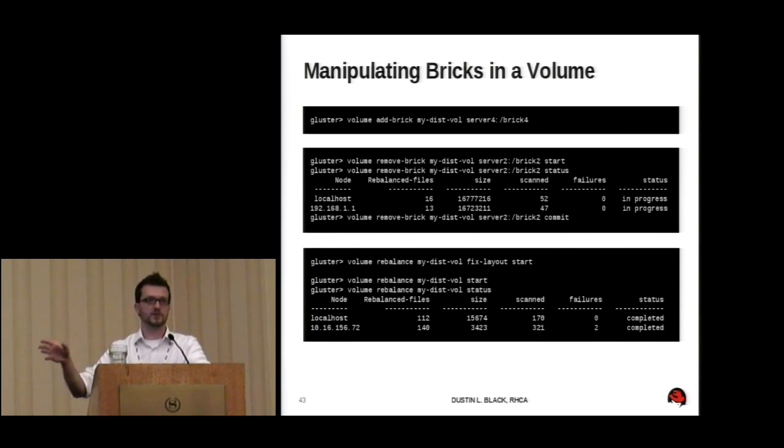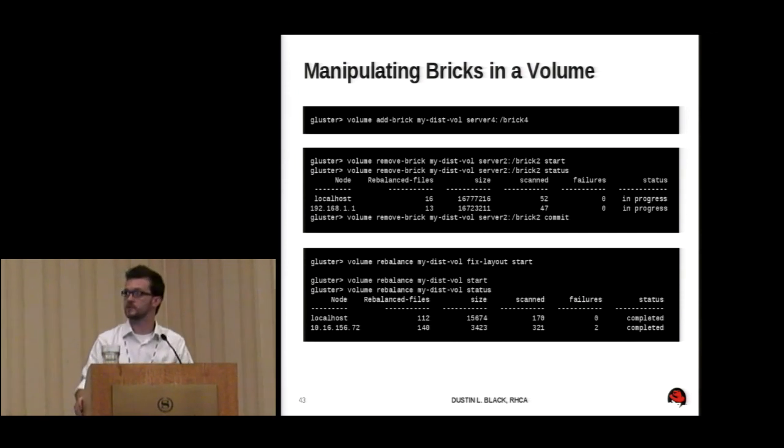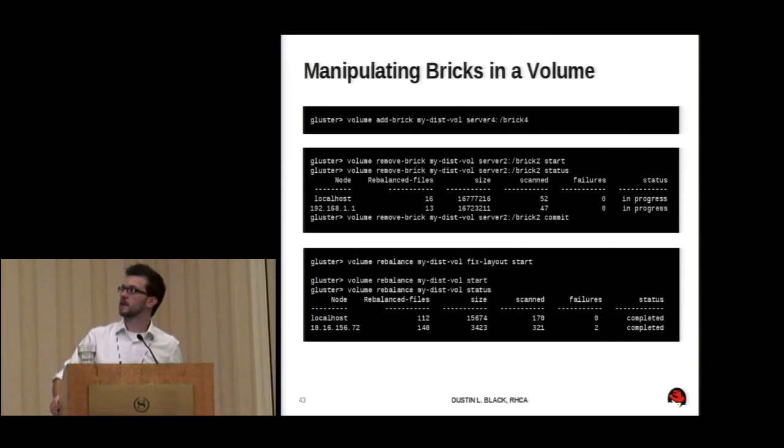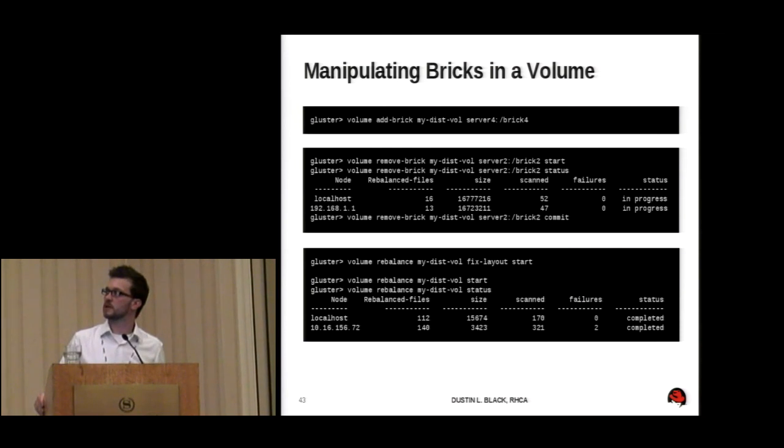So I tell it to start, and then I can run a status command, and that status is going to give me some of that output that you see there. So in this case, I can see that it shows that it's moving that data. It shows it is in progress. Now, once that status comes back and says complete, I can run the commit command, which is going to officially remove that brick from that volume and free it up for whatever you need to do with it.